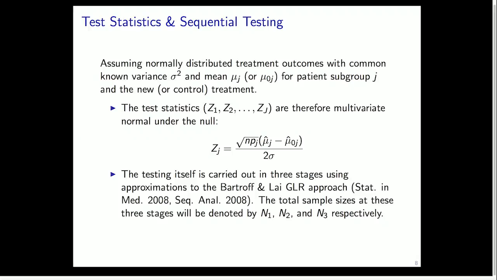There's a paper by Lai and Bartroff that says you can get optimal tests with just 3 stages, so we're going to use a 3-stage test. Remember the doctor specified N3, the maximal sample size. The N_i are cumulative: I'm going to recruit N1 patients for my first stage, then N2 for my second stage, and N3 is the final third stage, of course.